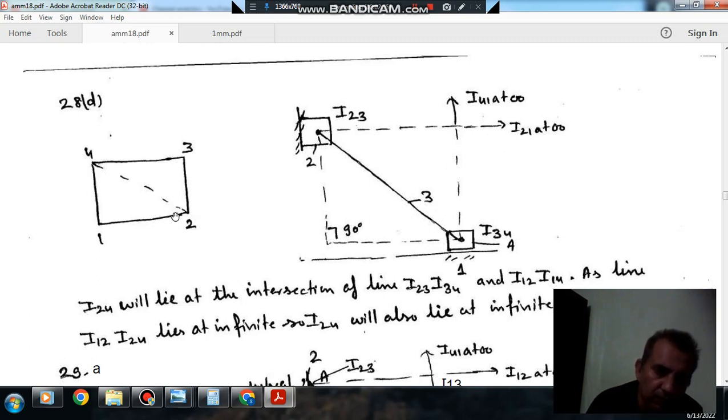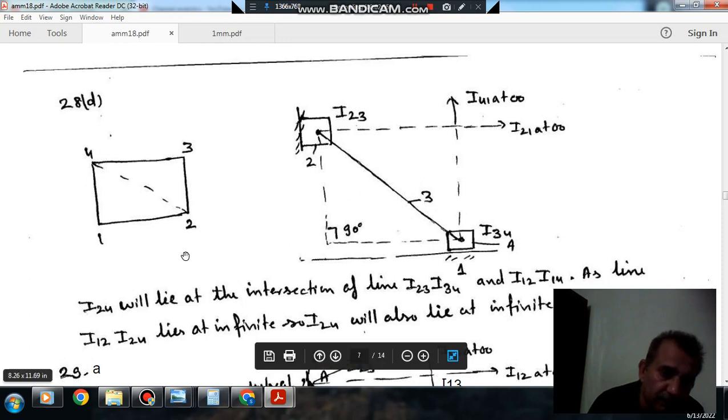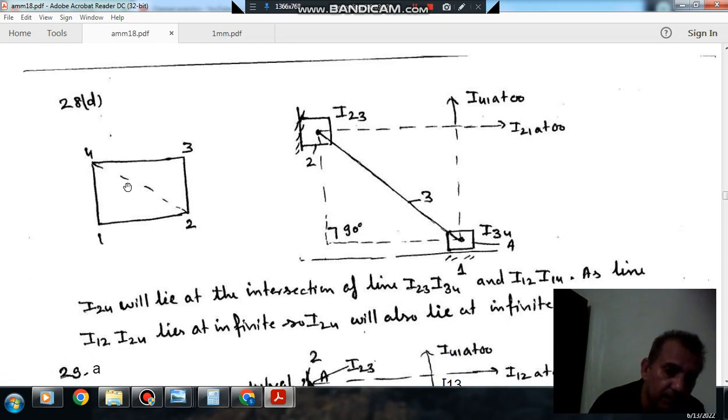So I24 will be joined, as each line on this diagram represents an I center. So this will also represent an I center, this is your I24 I center. Okay. As this line is completing two triangles, 4 1 2 and 2 3 4, it will lie on I41 and I21.